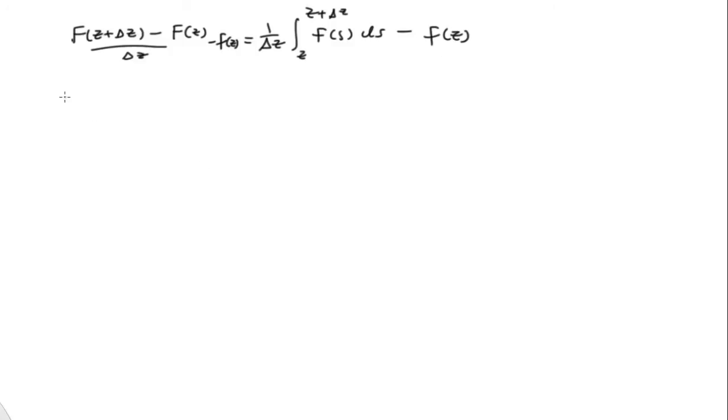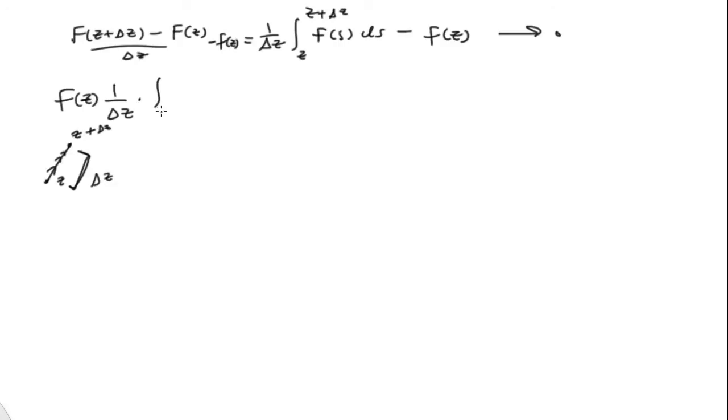Now I want to prove this goes to 0, so I'm going to rewrite f of z in a slightly clever way. I'm going to multiply by 1 over delta z. Then I'm going to assume that our contour from z to z plus delta z is just a straight line, in which case its arc length, or the integrated value, is simply delta z.